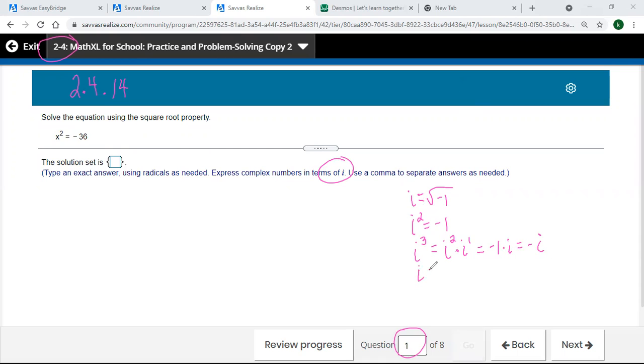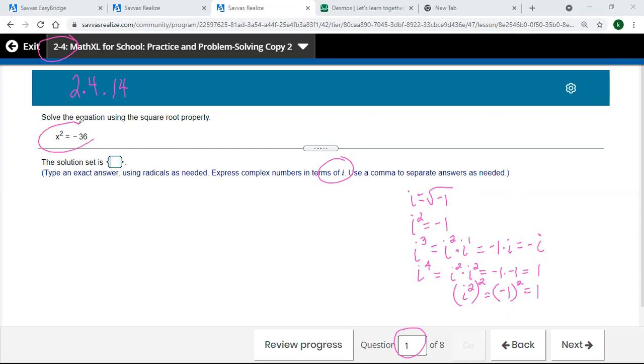If you want one step further, i to the fourth is i squared times i squared, which is -1 times -1, which would be 1, or some people will say i squared squared, because you multiply those exponents, and that would be (-1) squared, which again comes out the same thing. There might be a slightly different way of viewing some of the other ones, but just remember that's the kind of thing we're talking about here with these imaginary numbers.